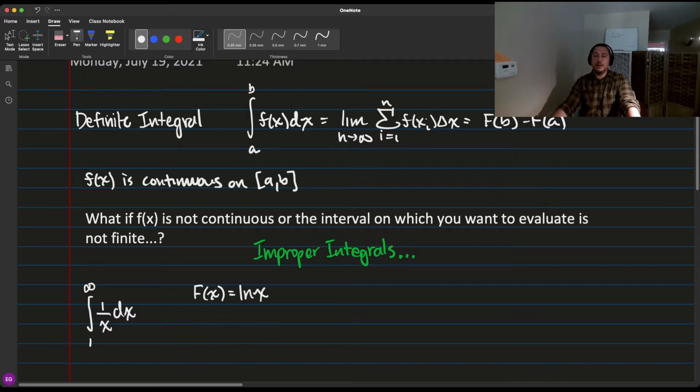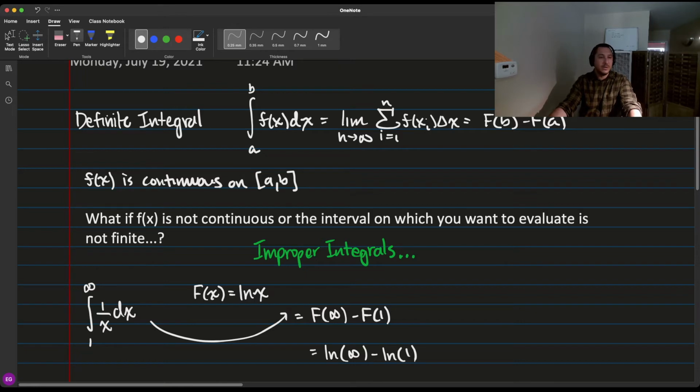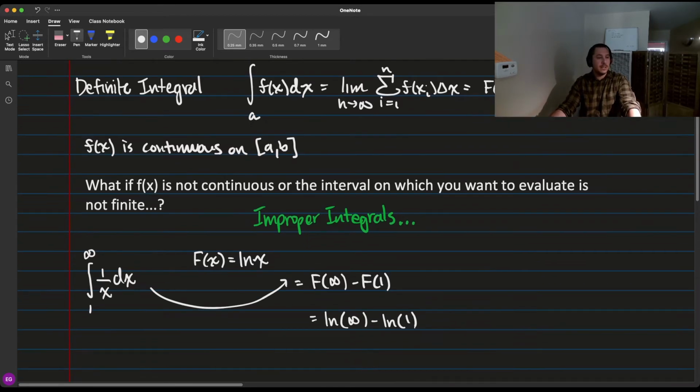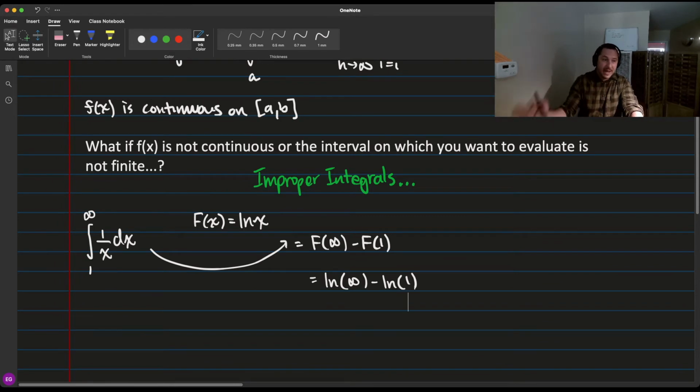The fundamental theorem of calculus would tell you to do F of the top minus F of the bottom. But infinity is not actually a number. You can't plug it into the natural logarithm. It makes no sense to say take the natural logarithm of infinity minus the natural logarithm of 1. Infinity itself is not a definite value. That's why they're called definite integrals: there are particular finite values you are plugging in.